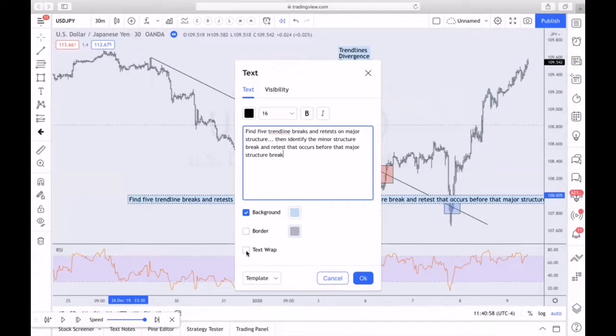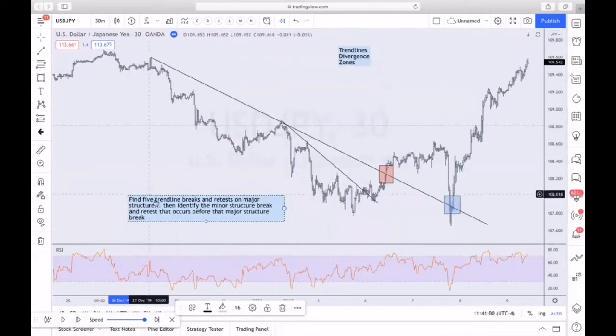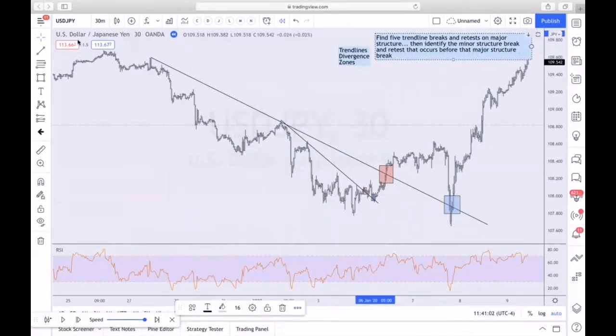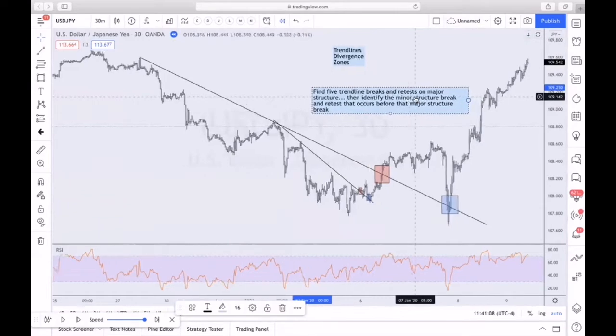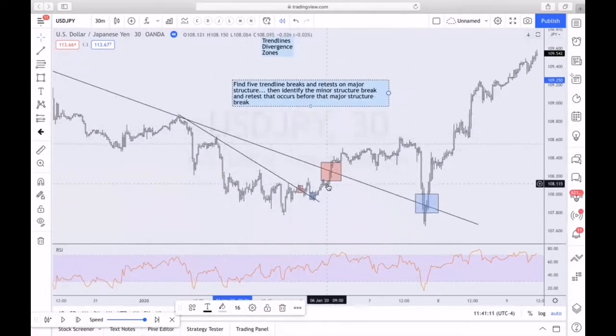So you're going to find 5 trend line breaks and retests on major structure, which is what we did on the 1 hour. Point 1, point 2, draw it into the future. Then you will always have a minor structure break and retest that occurs before that major structure.